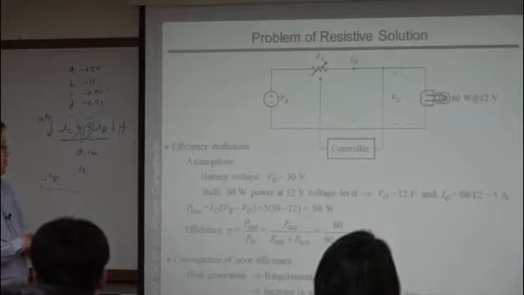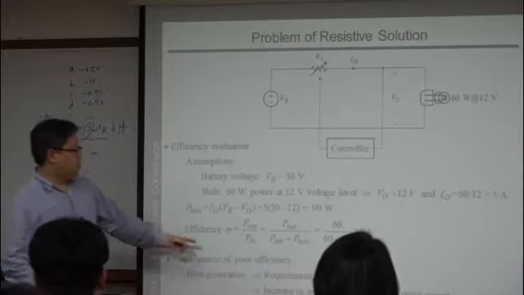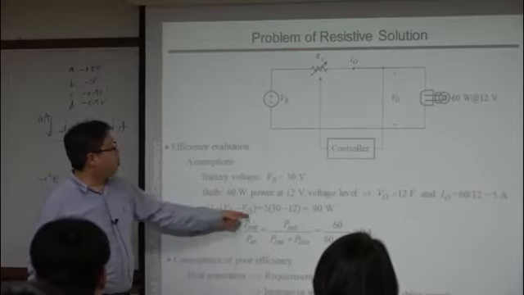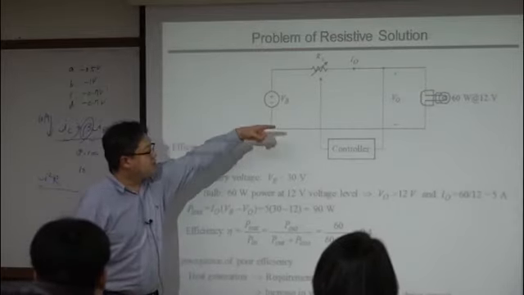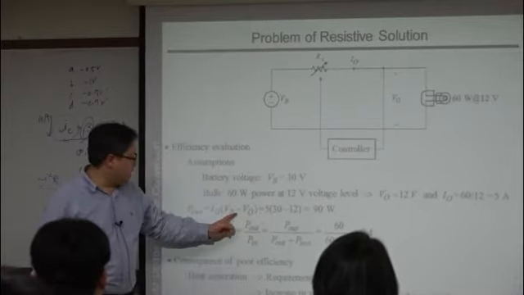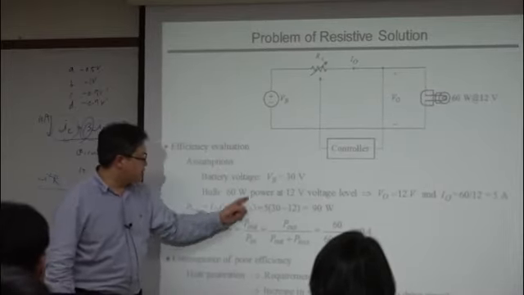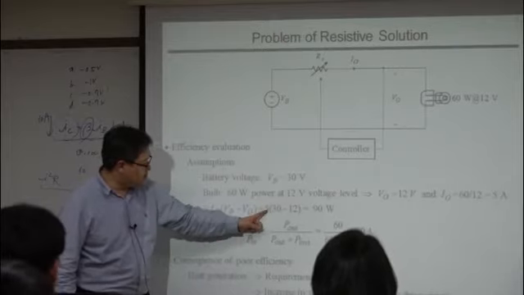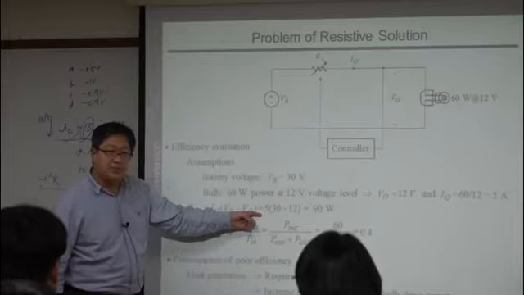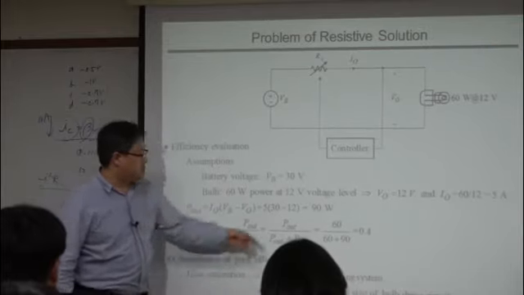Then in this case, your efficiency is what? Your output power was 60. Your input power was 30 multiply 5, which is 150. The input is 30 multiply 5. Output is 12 multiply 5. So the loss is 90 watt.